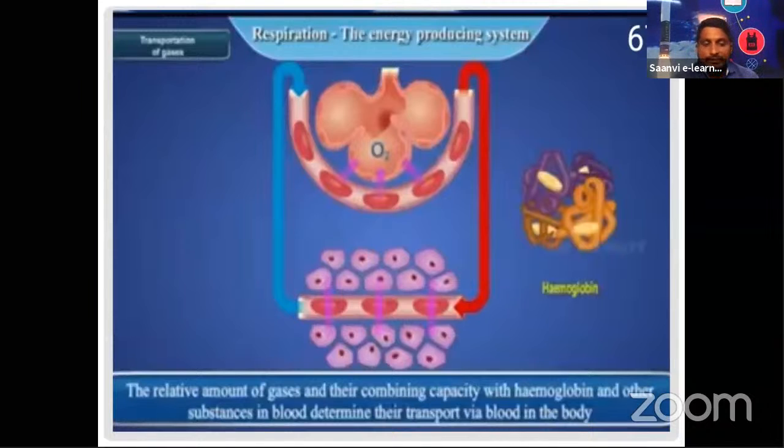Okay, now got it? The relative amount of gases and their combining capacity with whom? With the hemoglobin Hb and other substances in blood determine their transport via blood in the body.